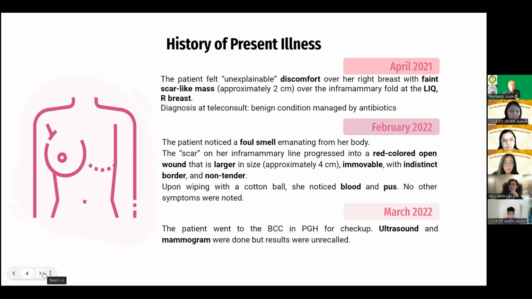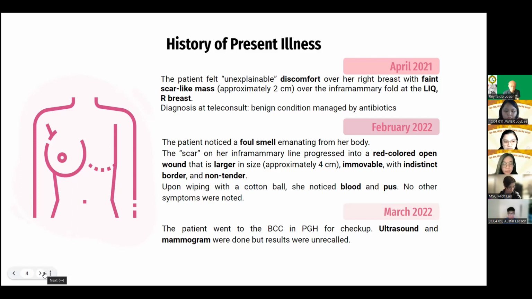This prompted a teleconsult. However, it was ruled out to be a benign condition by the doctor, and she was given unrecalled antibiotics. This was left for approximately 1 year, and then in February 2022, the patient noticed a foul smell emanating from her body.